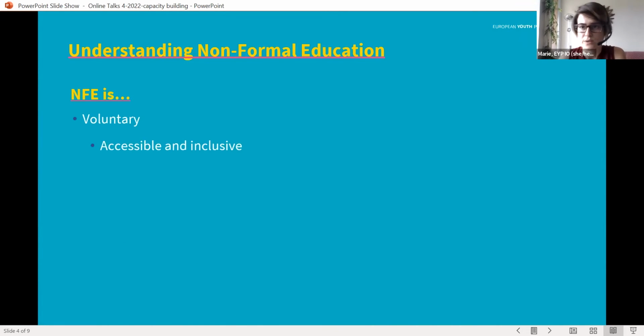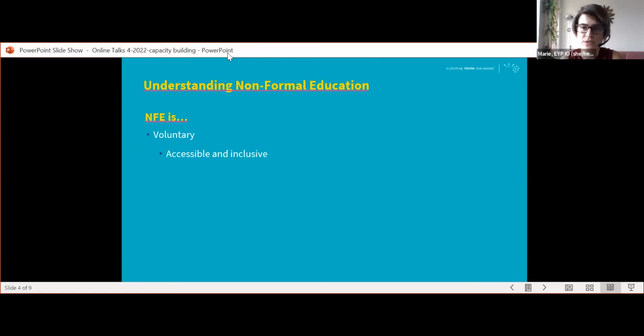It's accessible and inclusive, meaning anyone can come if they want to, it shouldn't be too expensive, and it should be designed in a way that every person, also if they're not part of the majority, should feel included.